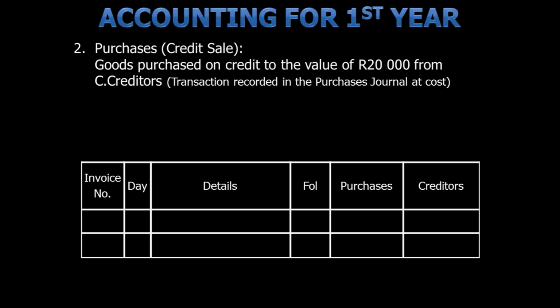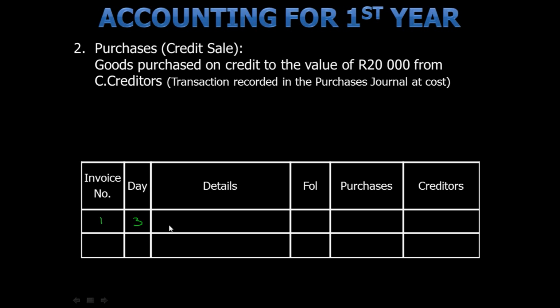Next, let's have a look at goods purchased on credit. So, goods are purchased on credit to the value of 20,000 Rand from C creditors. This transaction takes place in the purchases journal at cost. So we would enter the invoice number, we would enter the date of the transaction.